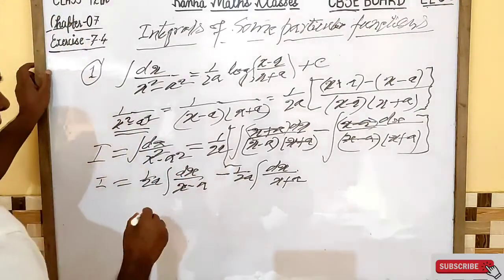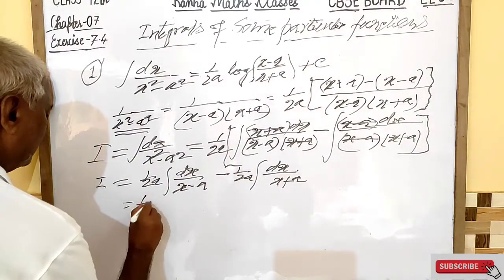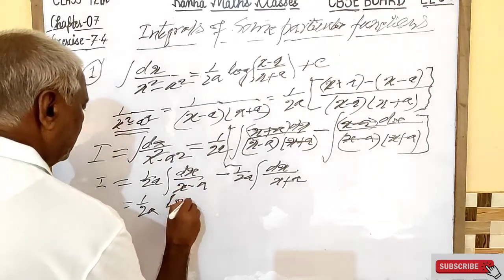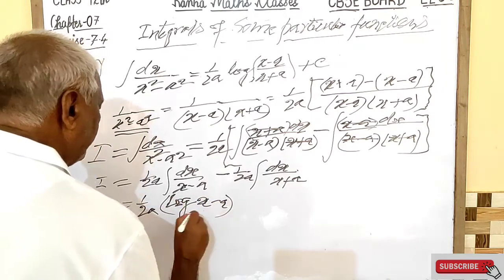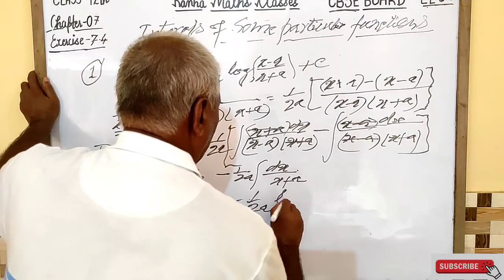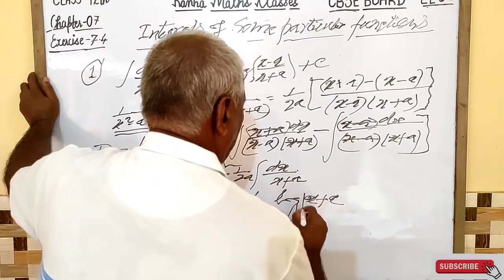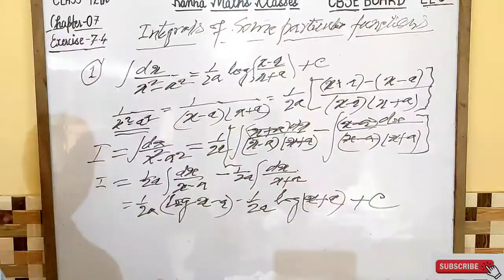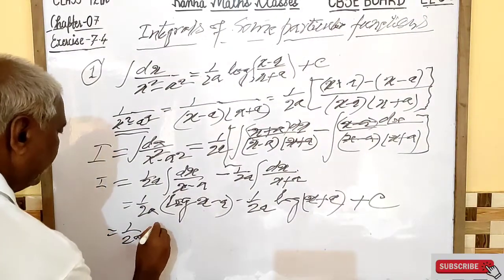But here I will like to write directly 1 upon 2a, this will be log x minus a, minus 1 upon 2a log x plus a, and ultimately c. Now we'll again take common 1 upon 2a.